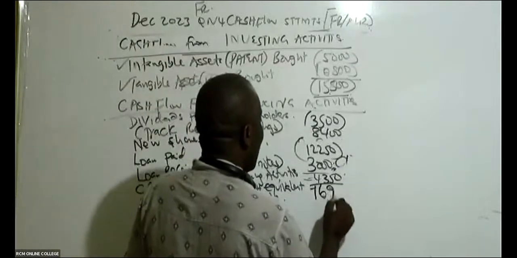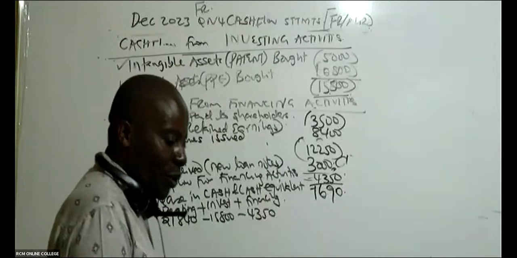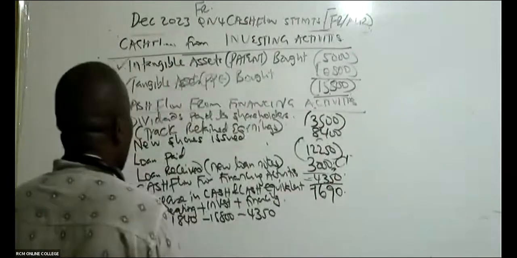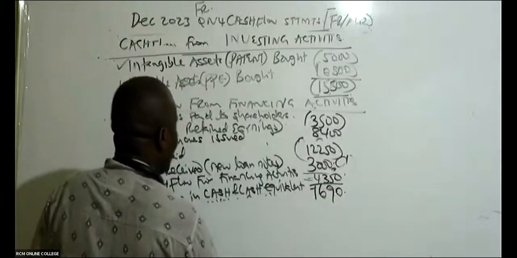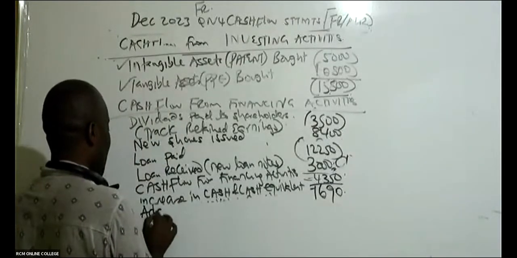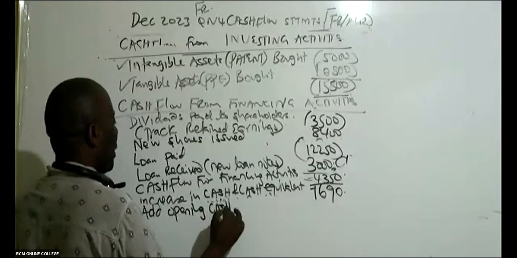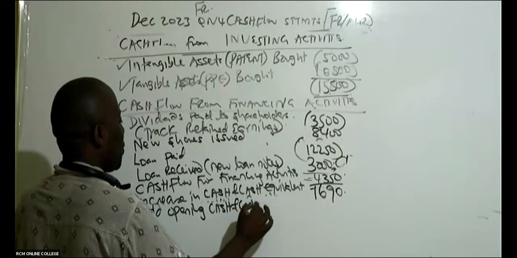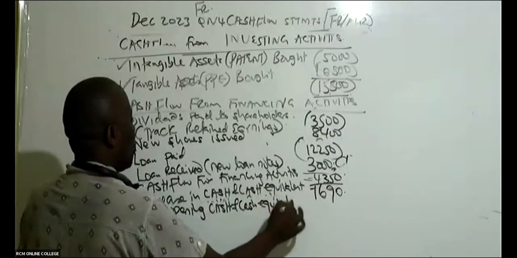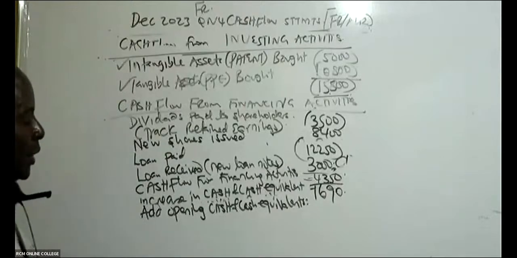So then once you get this 1690 as your cash and cash equivalents increase, then you shall be able to bring forward the opening cash. So in this case, you say add opening cash and the cash equivalents.